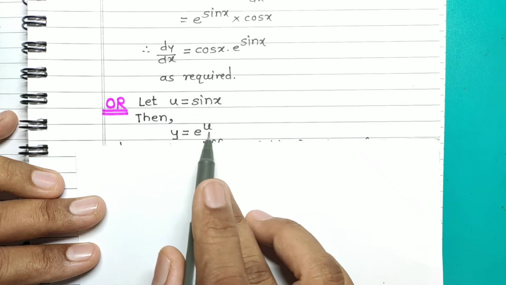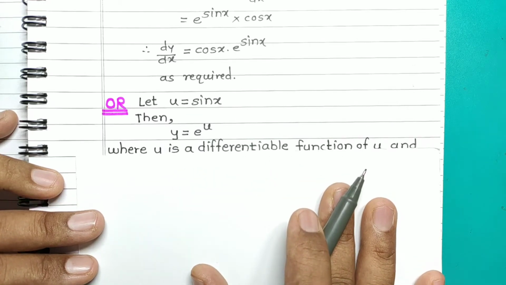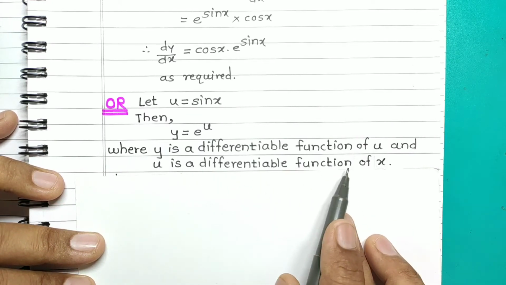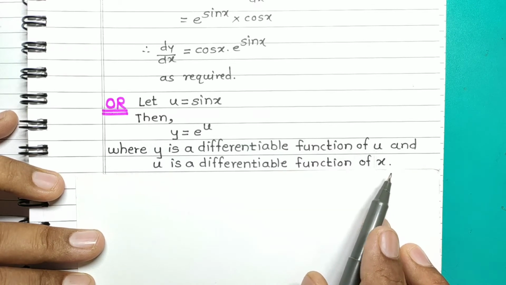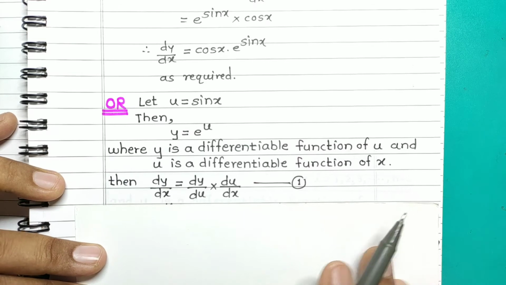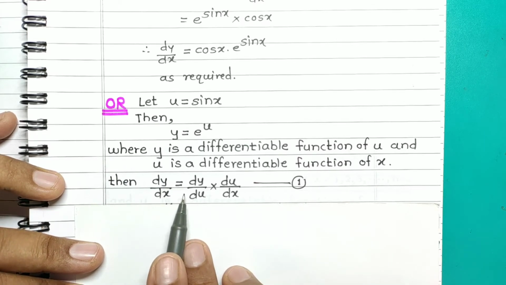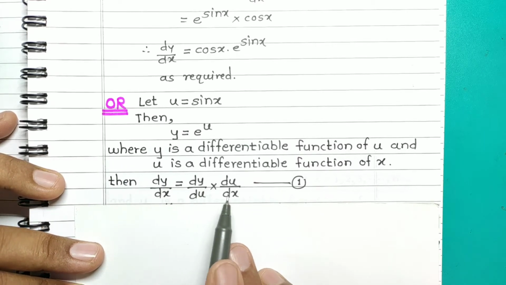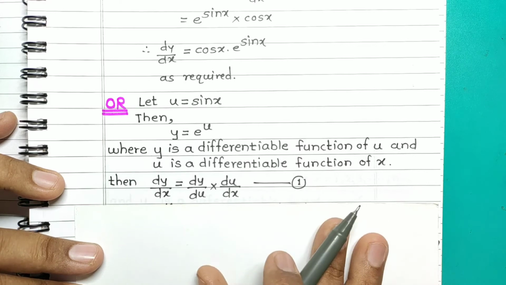That means dy by du exists, and also u is a differentiable function of x, so du by dx exists. Then according to the rule, we have dy by dx is equal to dy by du into du by dx.